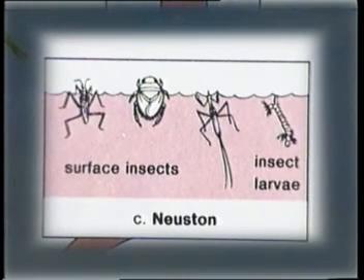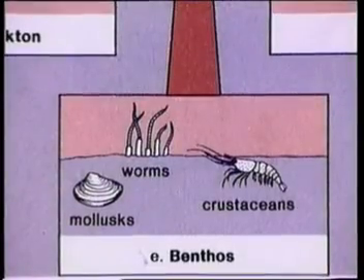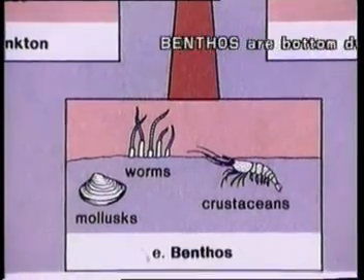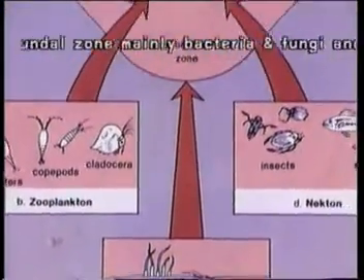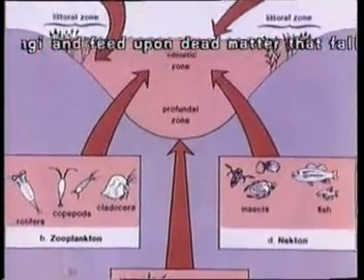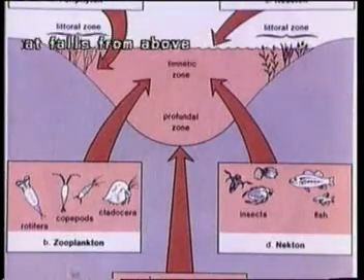Neustons are the organisms that live on the surface, where atmospheric oxygen is available. Benthos are the bottom-dwelling organisms, mainly bacteria and fungi, that feed upon the dead organic matter which falls from above.